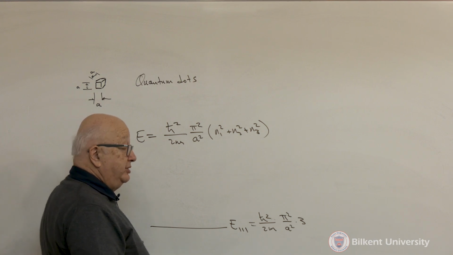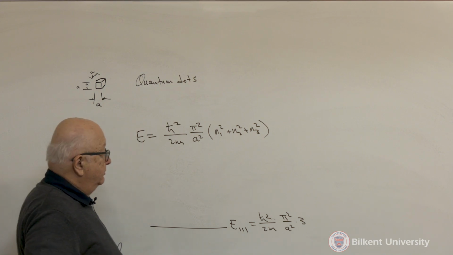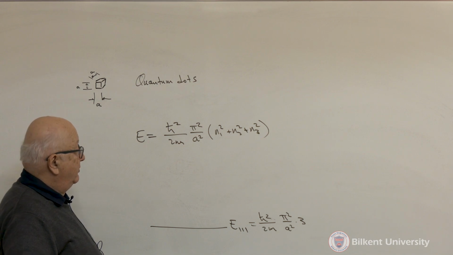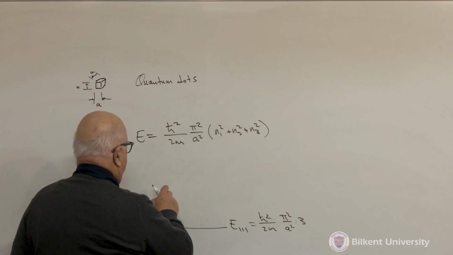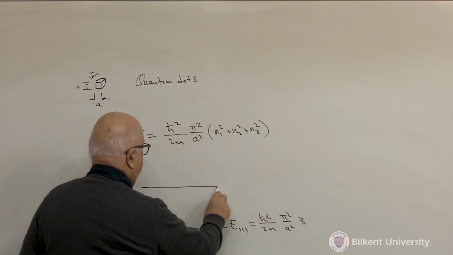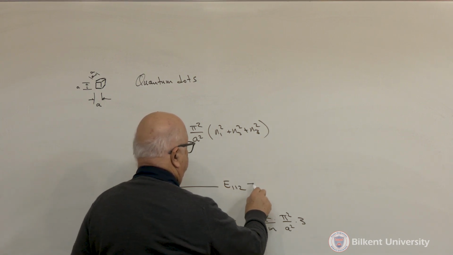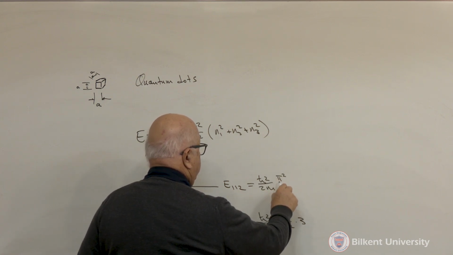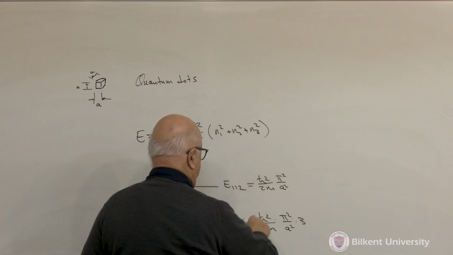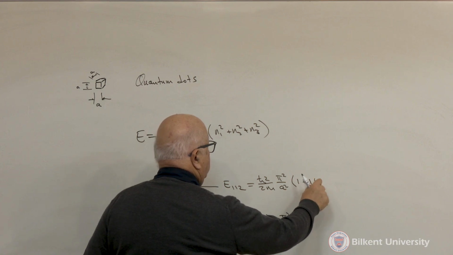So, what's the next higher energy state? Well, okay. How do I put in the n's? 6, I'm sorry. 1, 1, 2. Okay, so E112 is going to be h bar squared over 2m, pi squared over a squared. If it is 112, it's going to be 1, 1 plus 4, right?